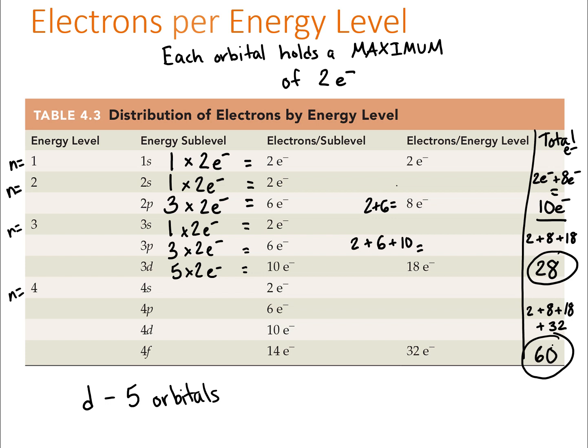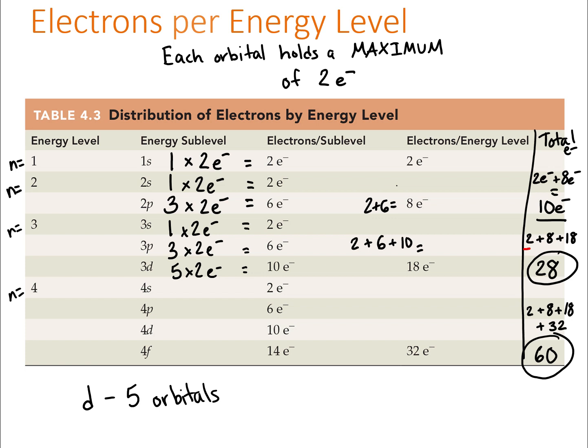Sure, I can explain it again. For 28, we said if I have an element that has all of these sublevels full in n equals 1, n equals 2, and n equals 3, I'm totaling up all of the electrons that I can hold in each of these sublevels. So in the 1s, I can hold 2.